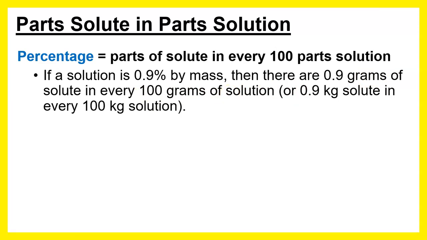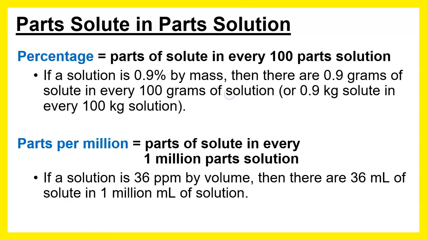When you take classes like environmental science classes, you may hear things like parts per million. So what parts per million is how many parts of solute do you have per 1 million parts of solution. So how many milliliters of solute in 1 million milliliters of solution, for example.